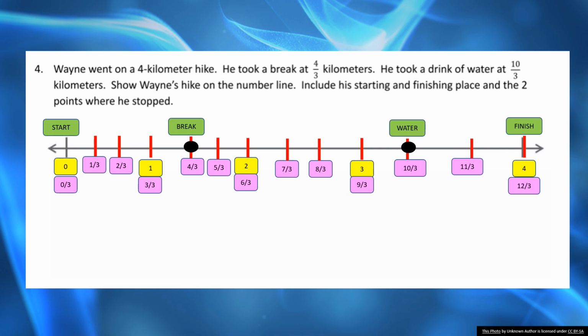Show Wayne's hike on the number line. That's what we've done. Include his starting and finishing place. That's the start point where it says start, and finish where it says finish. And the 2 points where he stopped. Yep, that's there. All right, so we've done everything that we were supposed to do.